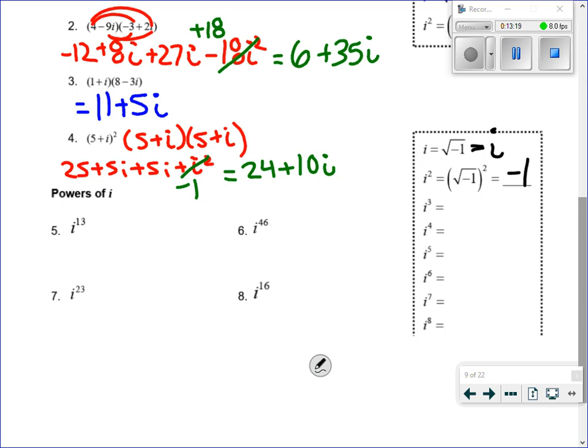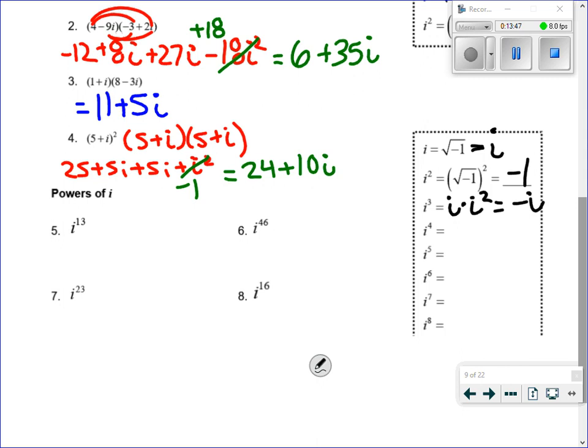So let's think about it. i cubed is just i times i squared, right? We all know our exponent rules, like i times i squared gives me i cubed. So let's think, i squared is really equal to what? Negative 1. So this is negative 1 times i, negative i.